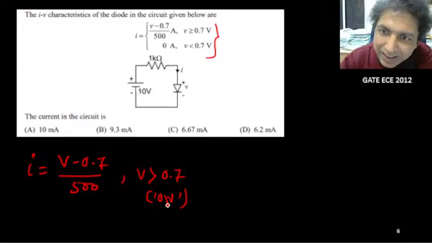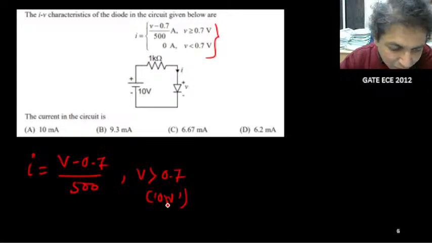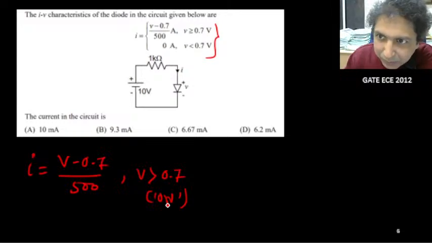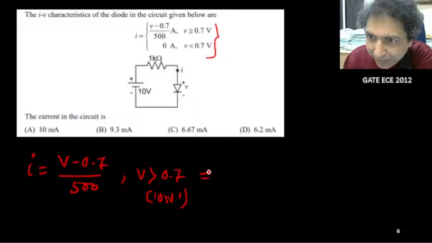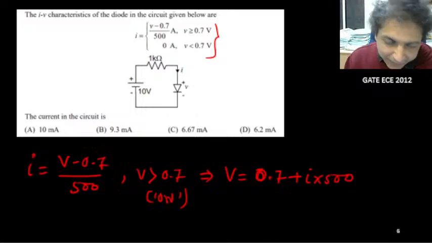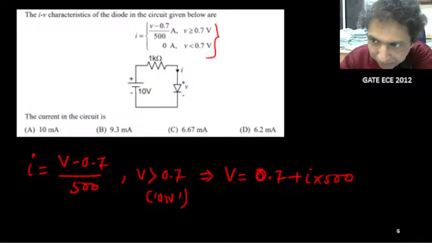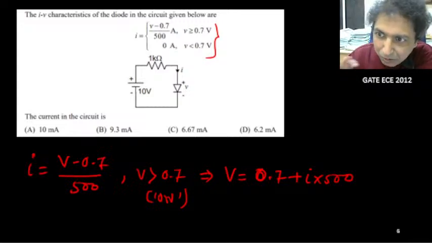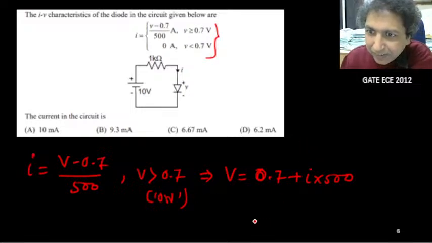Earlier we assumed that any current can flow and the voltage across the diode is only 0.7 volt, but that is not the case here. So what is the meaning of this? I can write V equals 0.7 plus I into 500. Can I write it this way? So what is the curve? The curve is very simple.